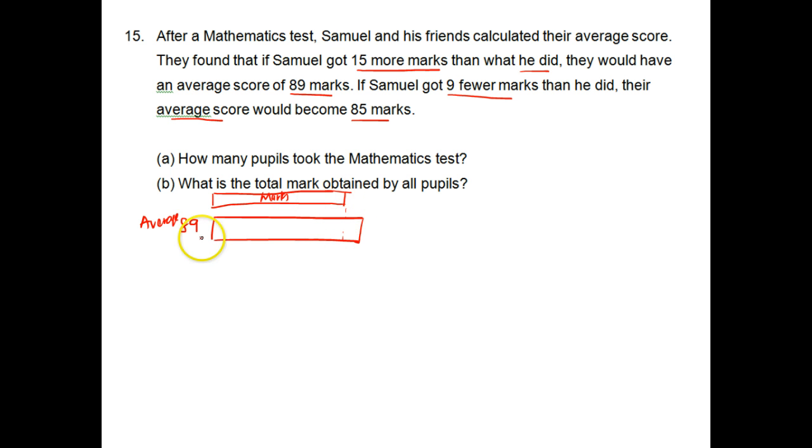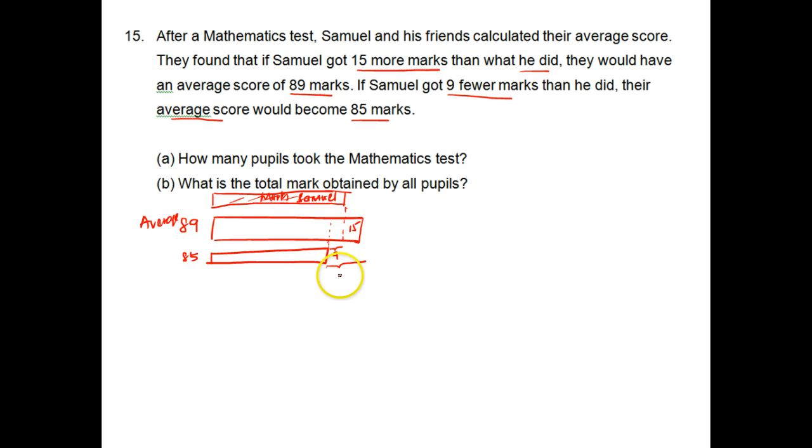If he got 89, he will get 15 marks here. If Samuel got 9 fewer marks than what he got, and the average is 85, this is the actual mark that Samuel has.